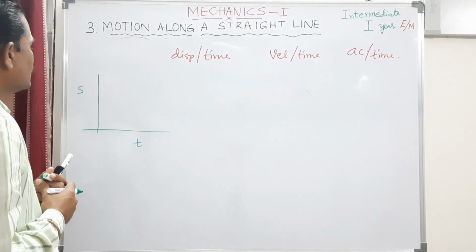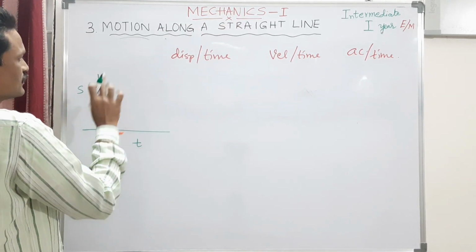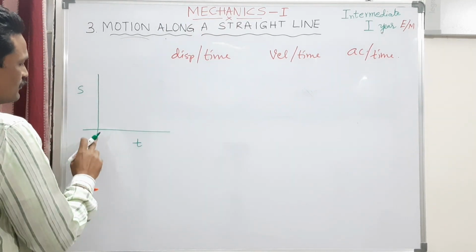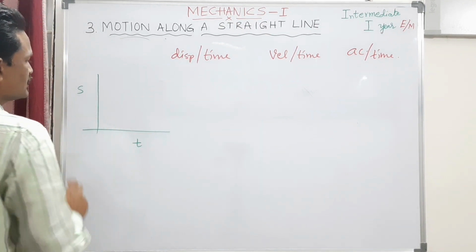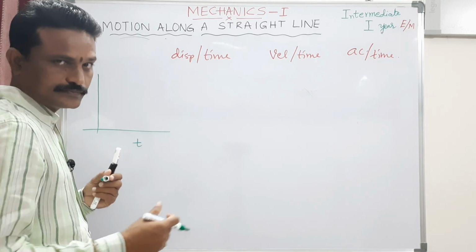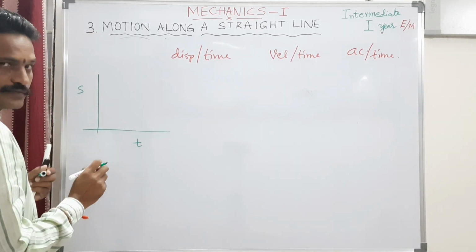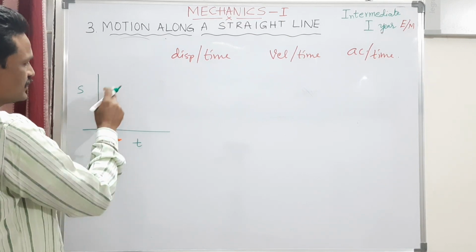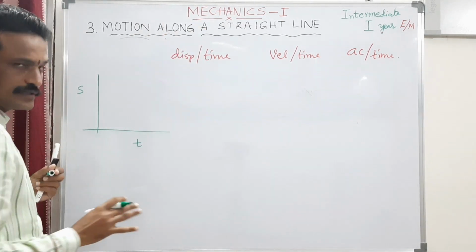Suppose that building is not at all moving. So when I measure the distance of that building from my building, let us say that is 20 meters. At t equal to 0 seconds, the building is there only. After 20 seconds, the building is there only. After many years also, the building is there only.